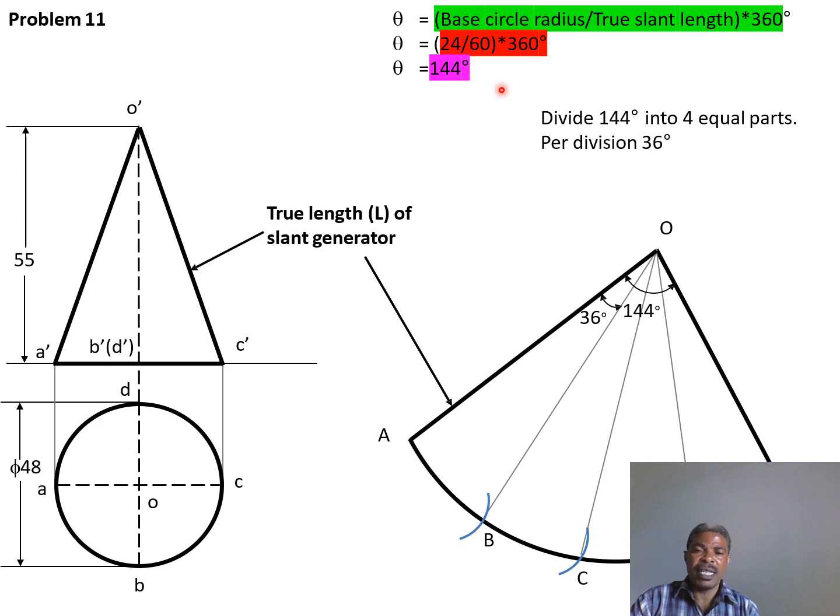After you have performed the computation, you obtain the theta, which is a representation of the angle turned, the angle that is forming the total arc length for our development. So it becomes 144 degrees.